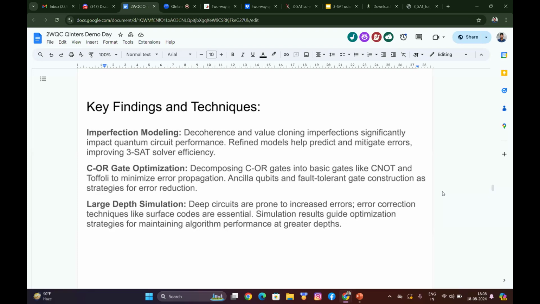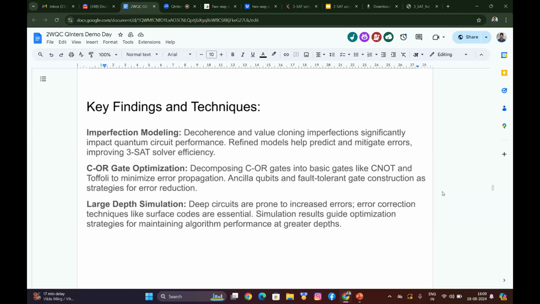And as well, we have depth simulation. Deep circuits are more prone to errors, because if there is some issue in one basic gate, that will propagate to other gates as well. For that, we use error-correcting codes, which are very essential.